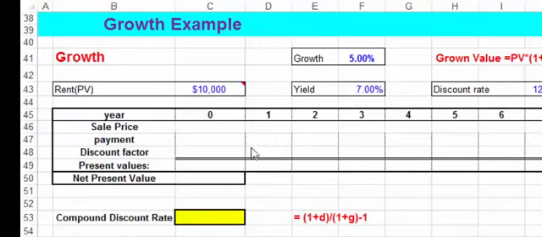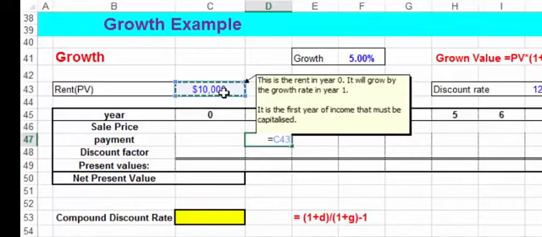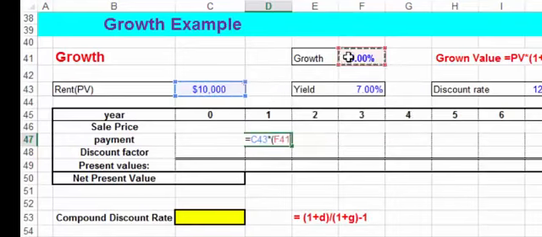Okay, to do it longhand, we'll begin by working out the rents. The first rent is going to be the rent that's going to be received in year 1. That's going to simply be equal to the rent at present, last year, multiplied by the growth rate plus 1.